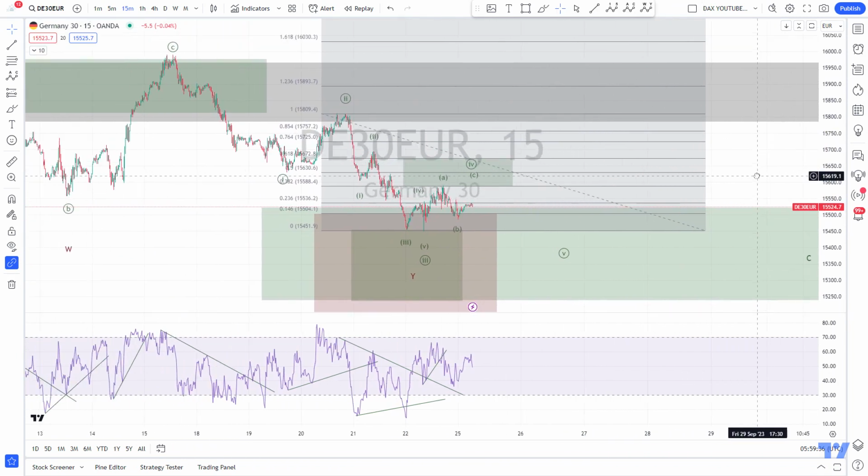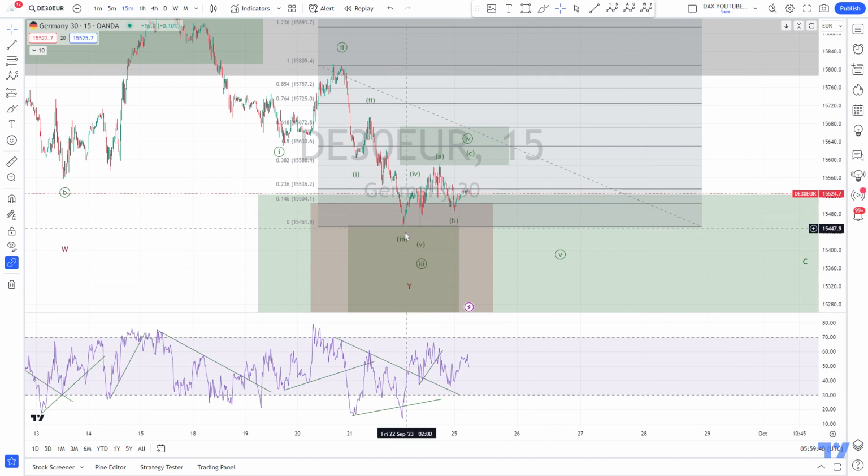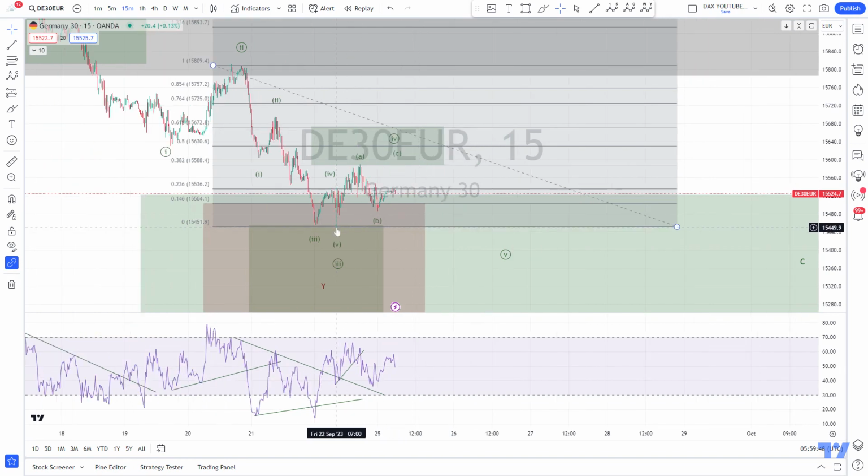Now, if I look at this structure here, this from here, this looks more like an impulse. So I would count this then as 1, 2, 3, 4, and a 5. We have some divergence.